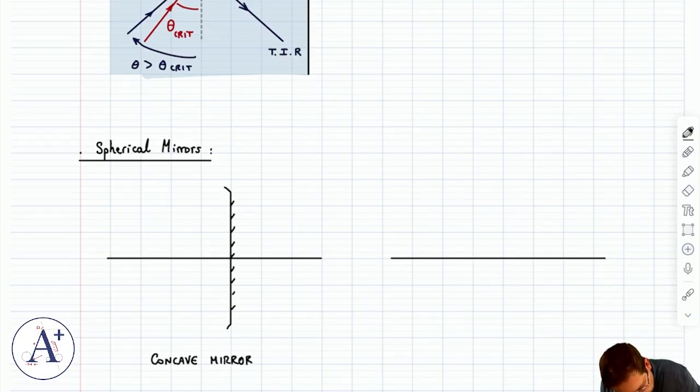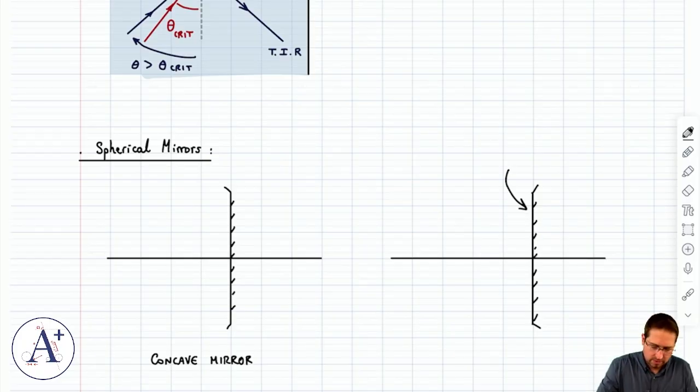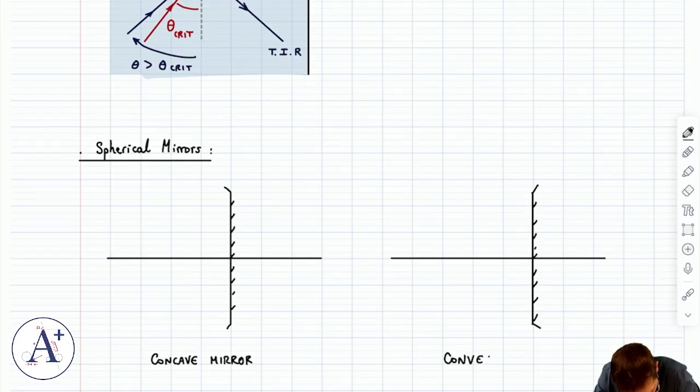On the other hand, if I draw the mirror like this, and I bend the edges back, and then I make this the back of the mirror, and this is the shiny part, well, this is a convex mirror. This bulges out toward you.